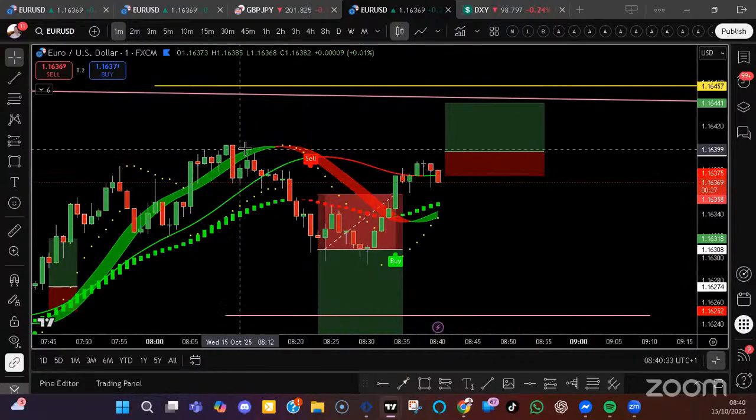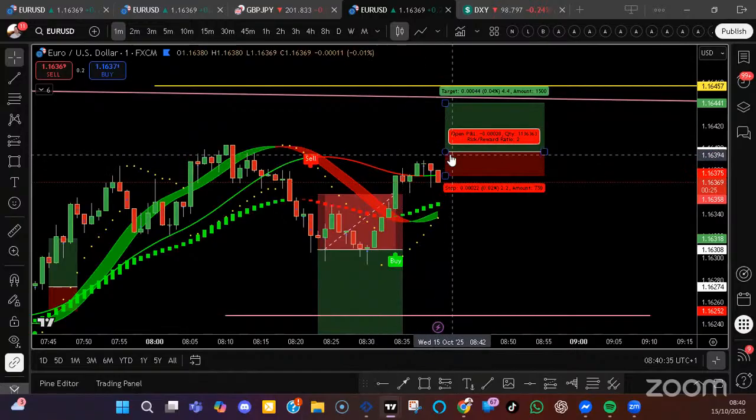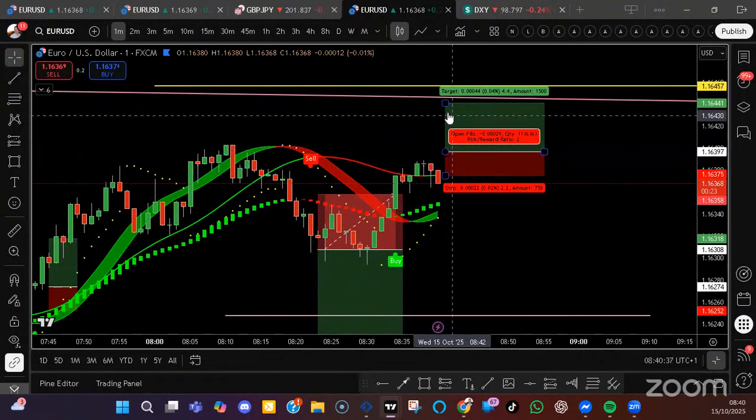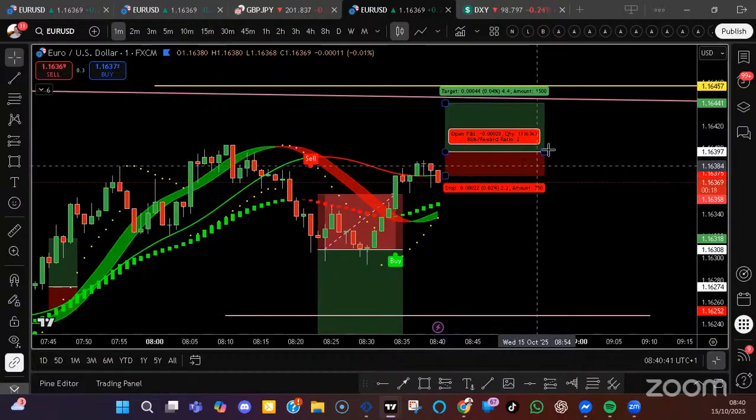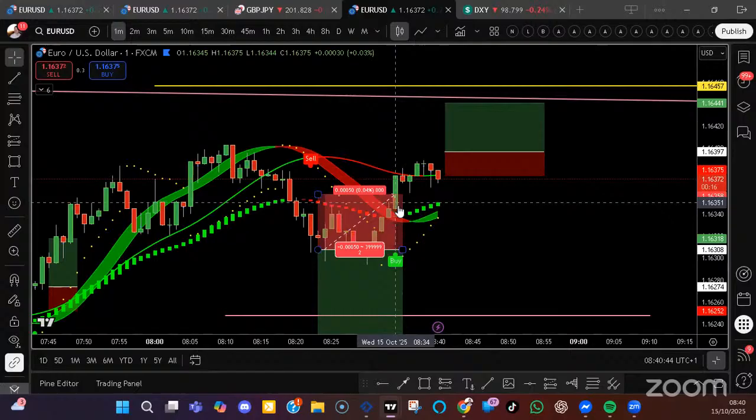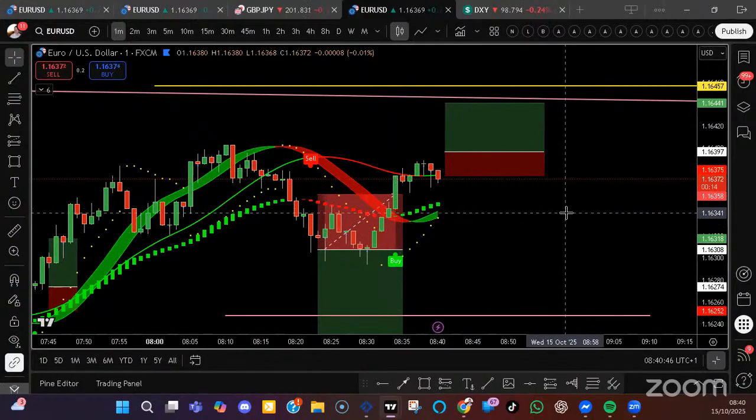Although I accept if we do go, we might get a little bit higher, in this sort of scenario we've got imbalances down here. What I'm trying to say is I don't like the pattern.